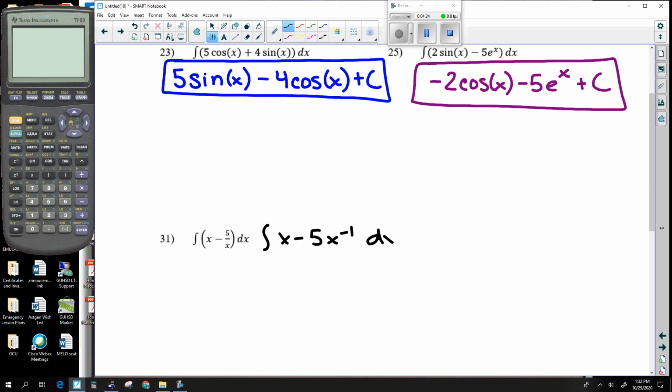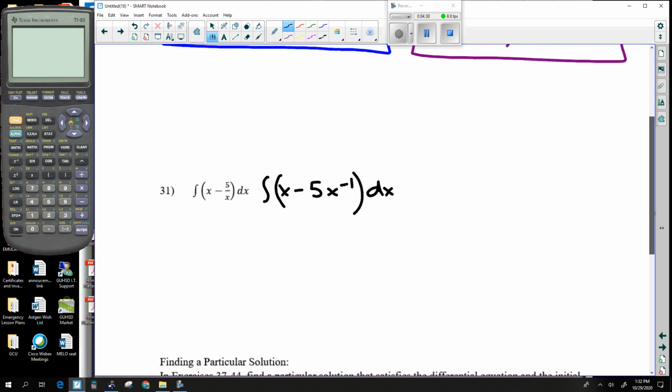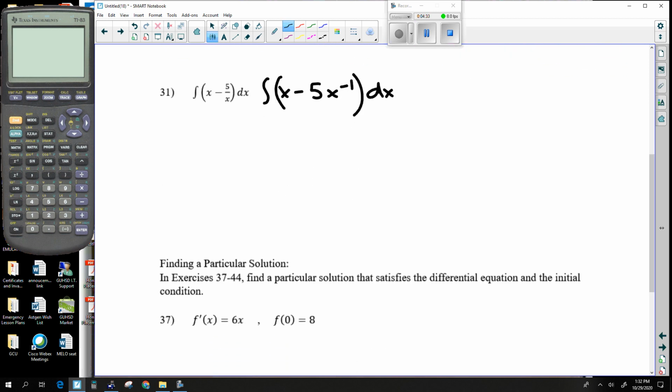Okay, here is where I'm going to get an ln, because again, when I try to increase this -1, it goes to a 0. So this is going to be 1/2 x to the 1/2. Oh, I learned math. 2. All right, and then -5, and then the integral of that x to the -1 again would be 0. Spidey senses says that this is going to be the ln of x.